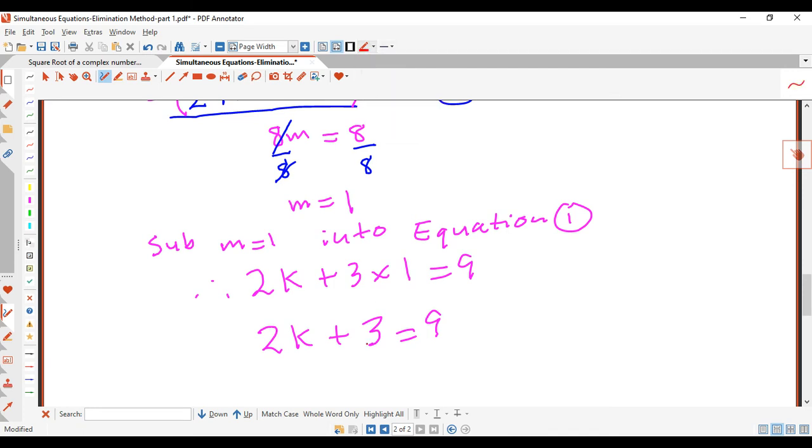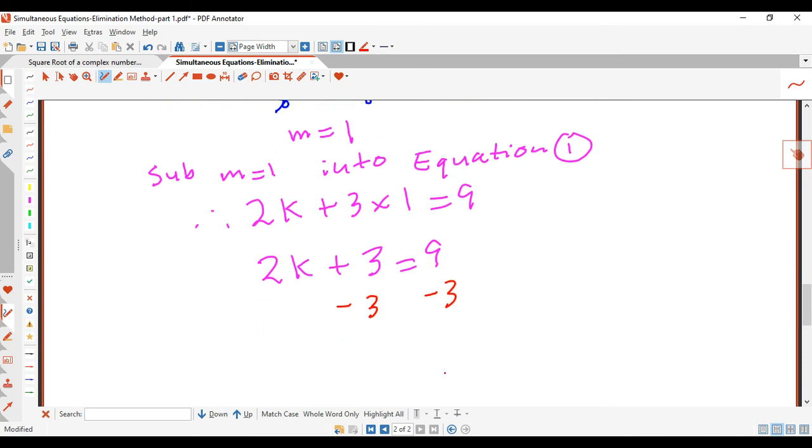Then you're going to minus 3 from both sides. Right, that'll give you 2k is equal to 6. Right, and then last of all, we're going to divide both sides by 2.